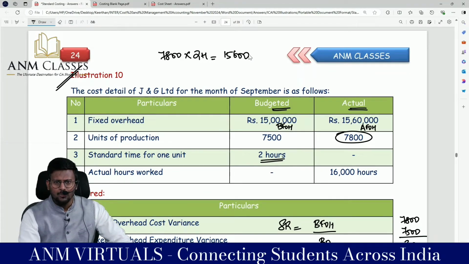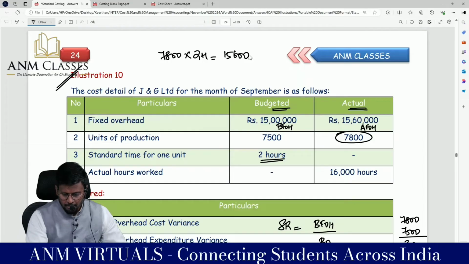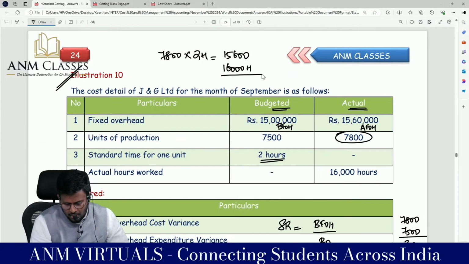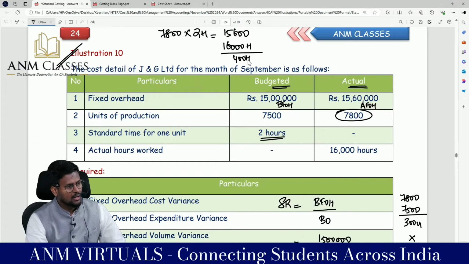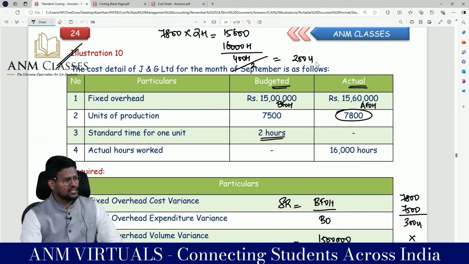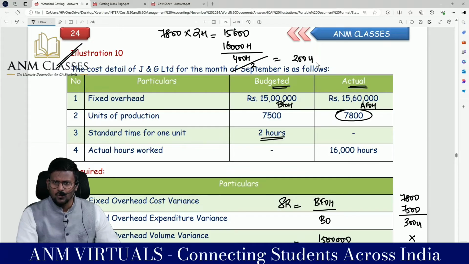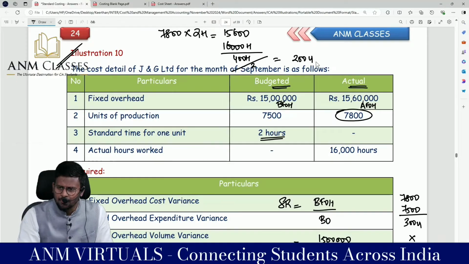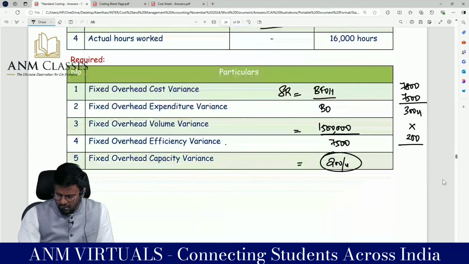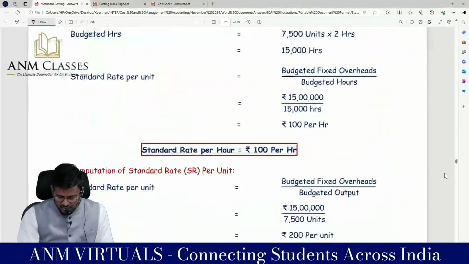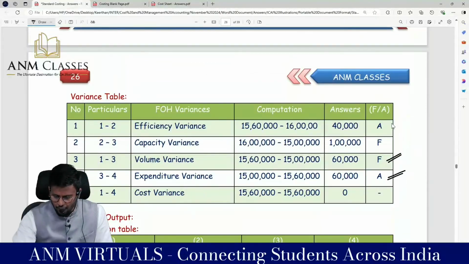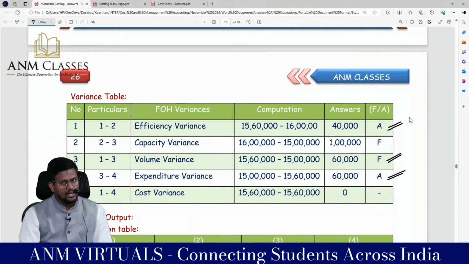This job should have been completed within that, but I have actually taken excess hours, 400 hours. 400 divided by 2, because standard time is 2 hours, comes to 200 units. Every unit would have recovered 200 per unit. 200 into 200, the fixed overhead efficiency variance is 40,000 adverse.